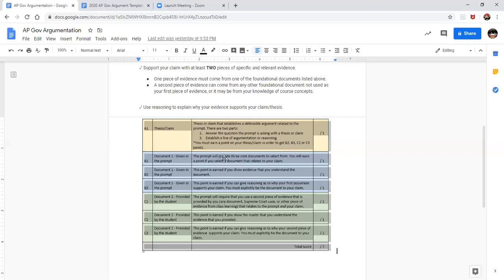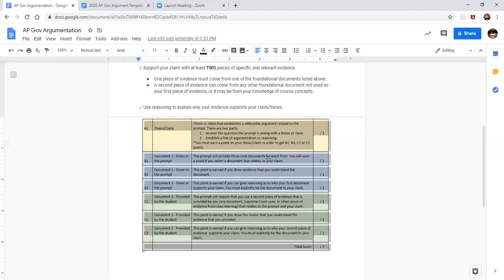In your first body paragraph, you're going to state one of the core documents or another course document that is relevant to your thesis. Then your B2 point, you're going to explain what your B1 is.